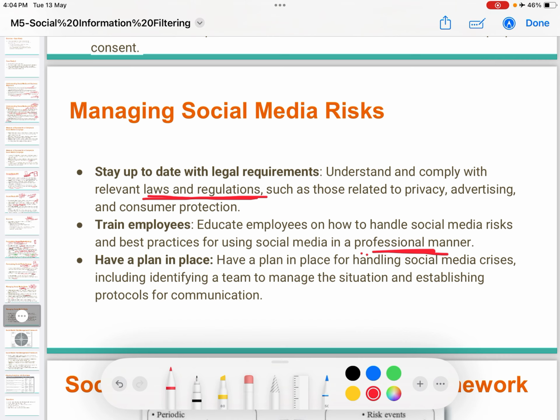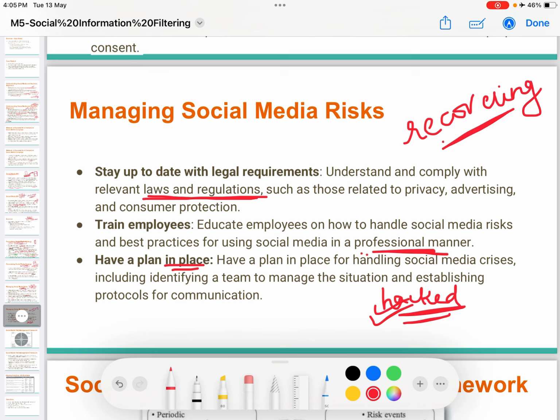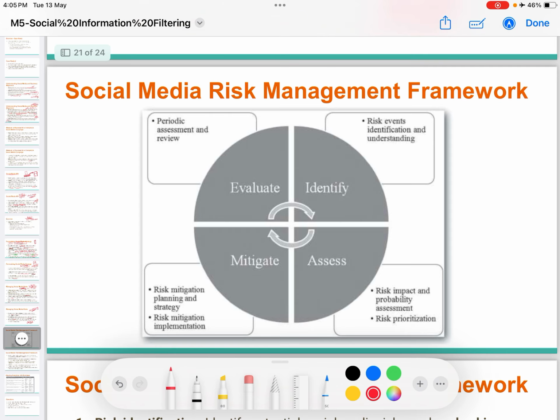Suppose someone has hacked the social media account, then you need to have a plan in place. You need to have a team who will take care of this situation and recover your account as soon as possible. So there should be a plan in place.